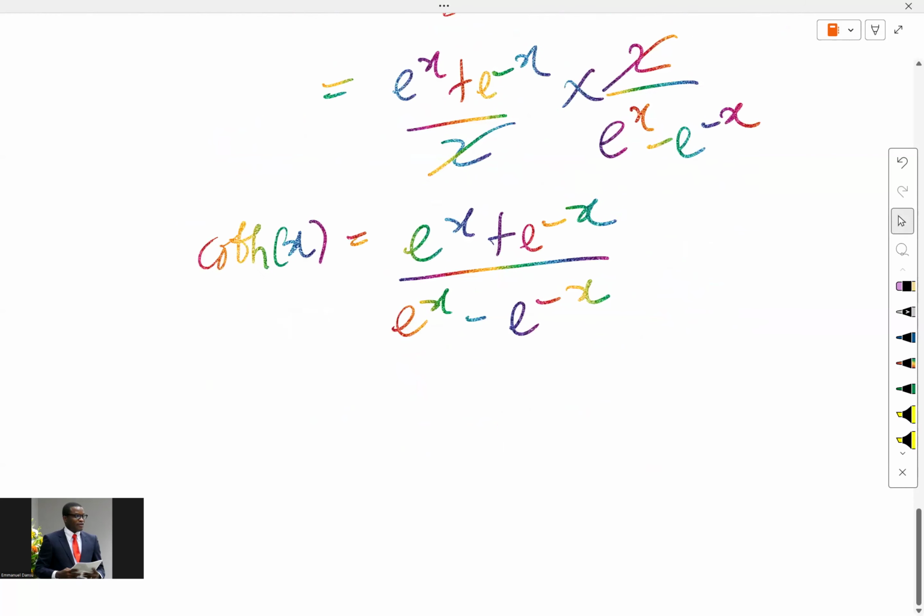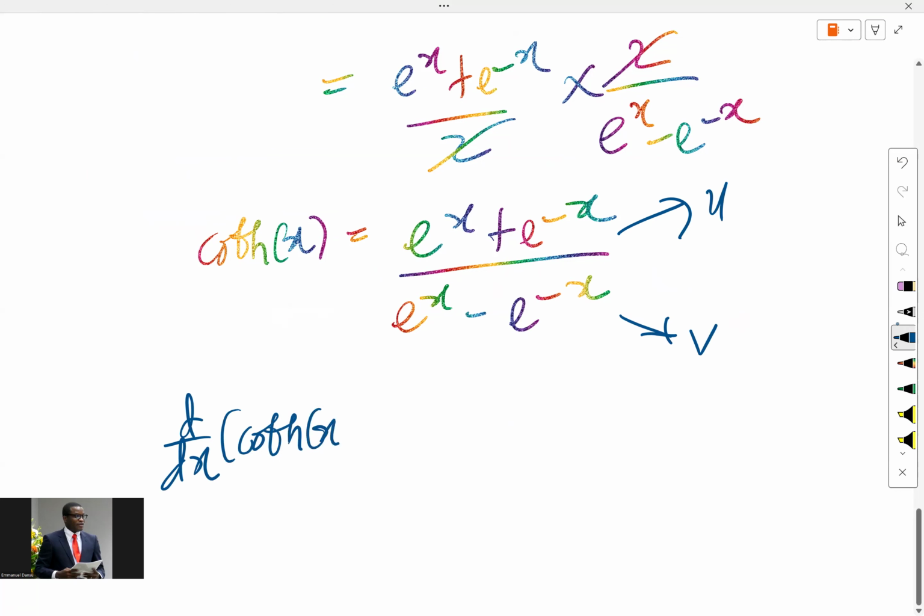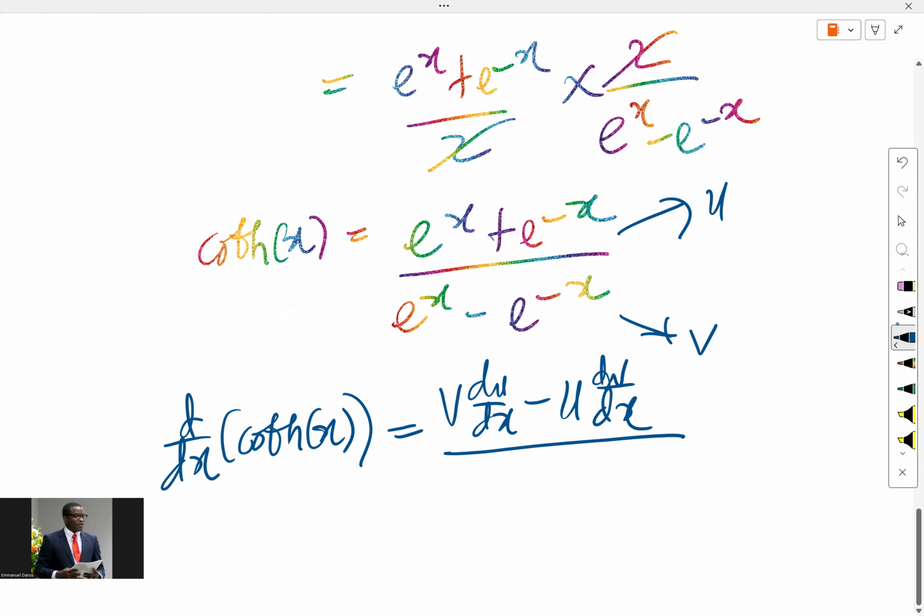So to differentiate this, we can use quotient rule or product rule, any one you choose. To use quotient rule, for instance, this is u and this is v. So d dx of coth x would be v du dx minus u dv dx all over v squared.